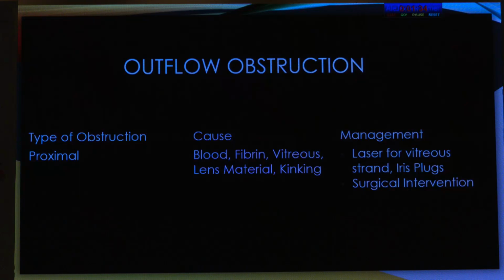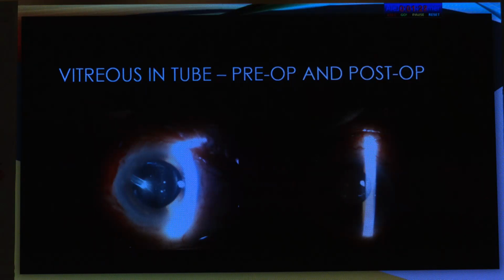Laser works nicely if the tube is blocked by vitreous strands. In this patient, you can clearly see the tube has been blocked by vitreous strands, and after Nd:YAG lysis, the tube started working again and IOP was controlled.